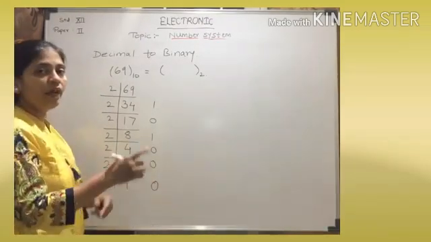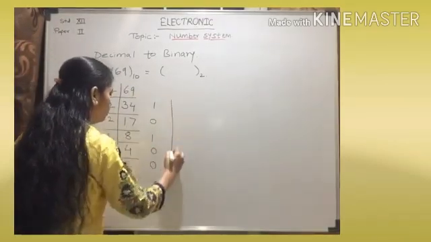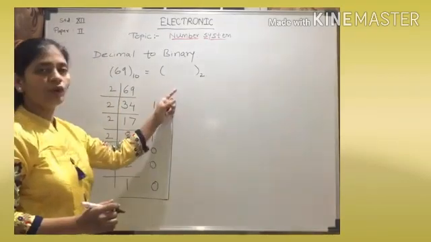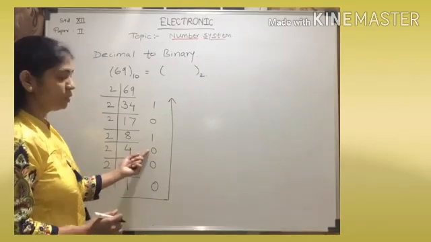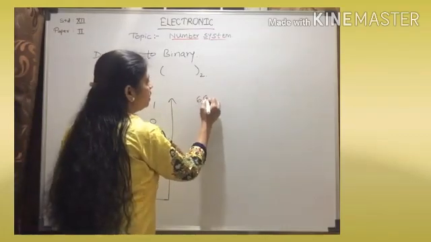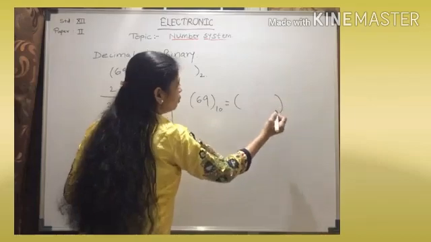So we have to write down the answer from the bottom to top, in the reverse order. So we got this answer 1 0 0 0 1 0 1. So 69, that is a decimal number, we convert this number into binary.